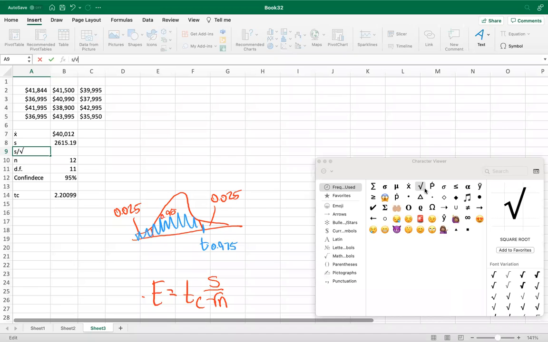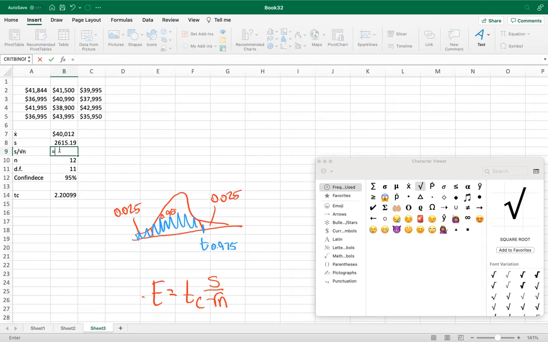Okay, so I did find the square root symbol and we have square root of n. And there we go. All right, so equal to S divided by the square root of n, which is SQRT of n.